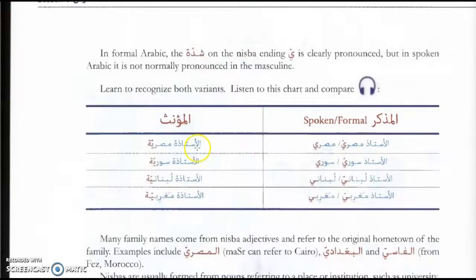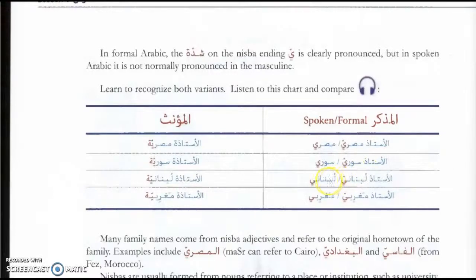And in the feminine, Al-Ustadha Masriya. There's no distinction between formal and informal for the feminine. This just applies to the masculine. Al-Ustadh Suri. The professor is Syrian. Al-Ustadh Lubnani.